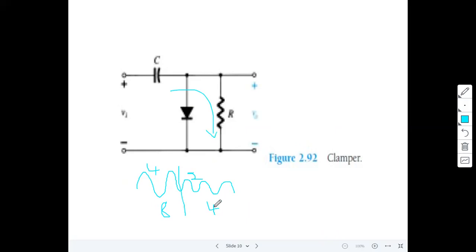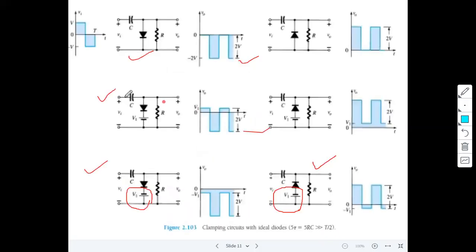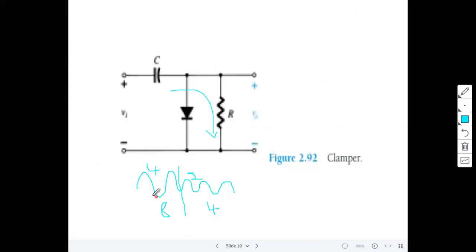So far, in your syllabus there is only an introduction to clamper circuits, and this much analysis is enough for you. This analysis covers how the clamper circuit behaves if the input suddenly decreases or increases. At that time the resistor is useful.